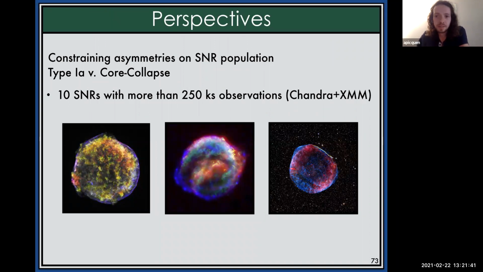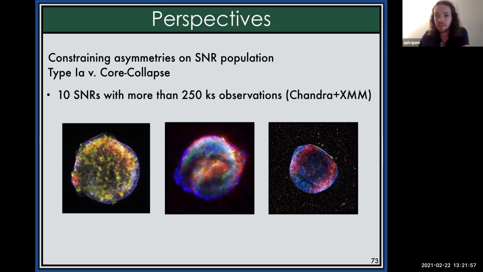the first possibility, which could be really interesting, would be to do the same kind of studies on other types of supernova remnants. For example, compare type 1a supernovae with core collapse.